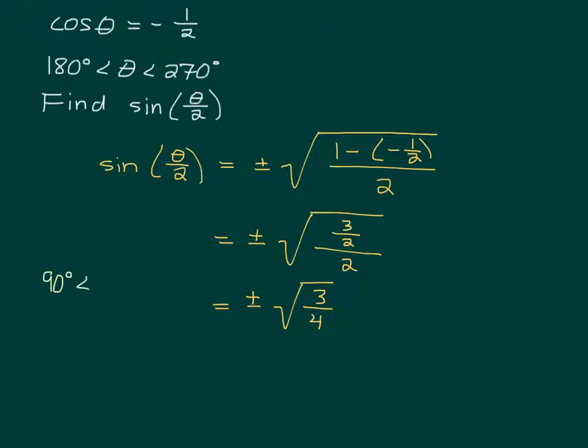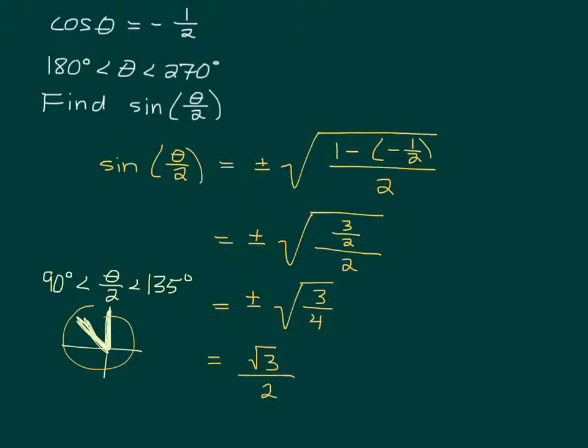That means that theta over 2 will be between 90 and 135, which is here and here. So sine should be positive, so this is positive because of this. And then the square root of 3/4 simplifies to be square root of 3 over 2.